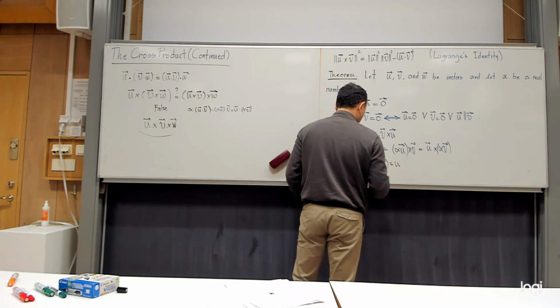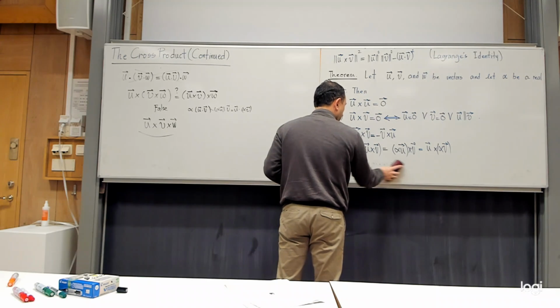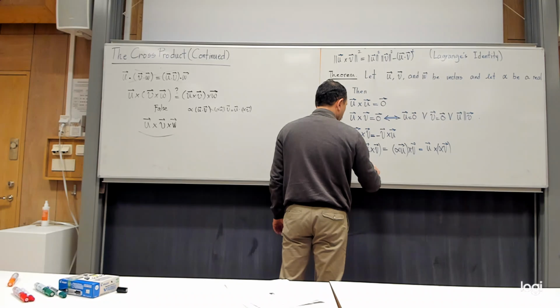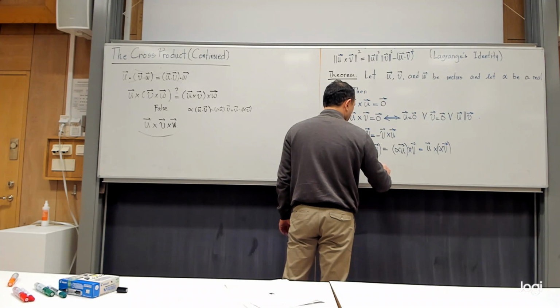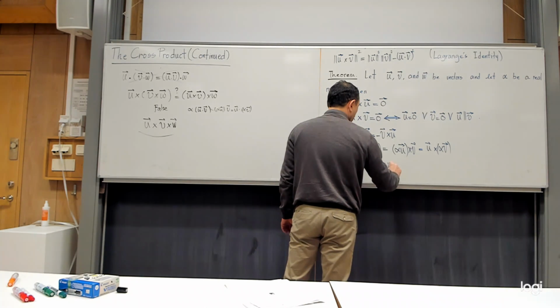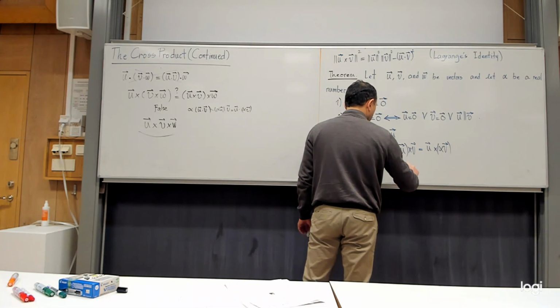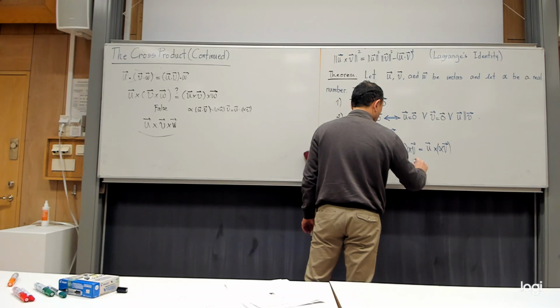The proof of this one is harder. If you remember, I didn't even prove this one for you for the dot product. At some point I can come back to it and prove them, but for the time being, let us not spend so much time on it.